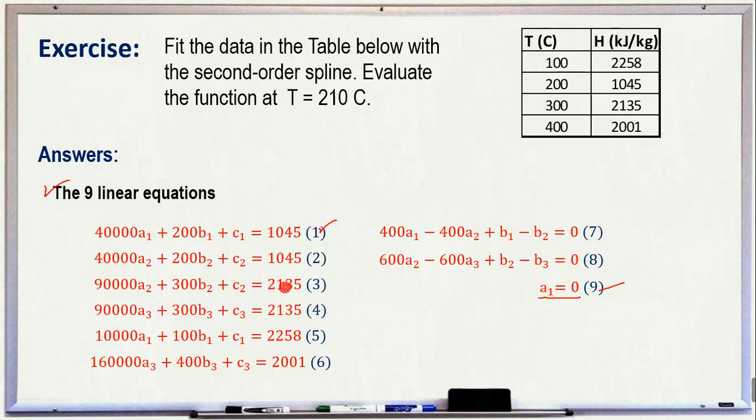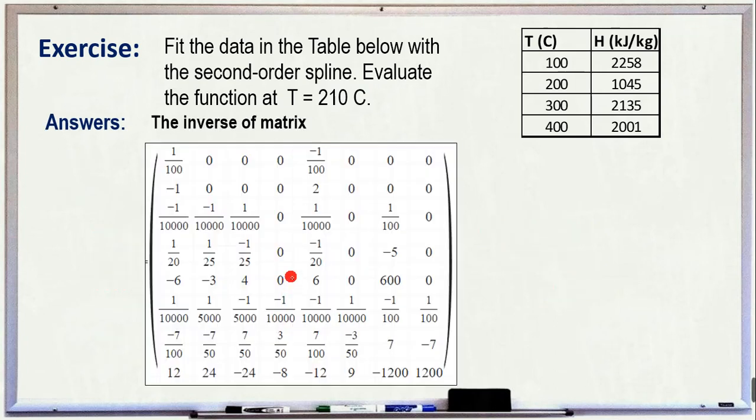And once you have these 9 linear equations, the next step is to generate the augmented matrix. And after that, you will also generate the matrix for A, and then use any software or online matrix calculator to solve for the inverse of the matrix, and you will arrive at this matrix.